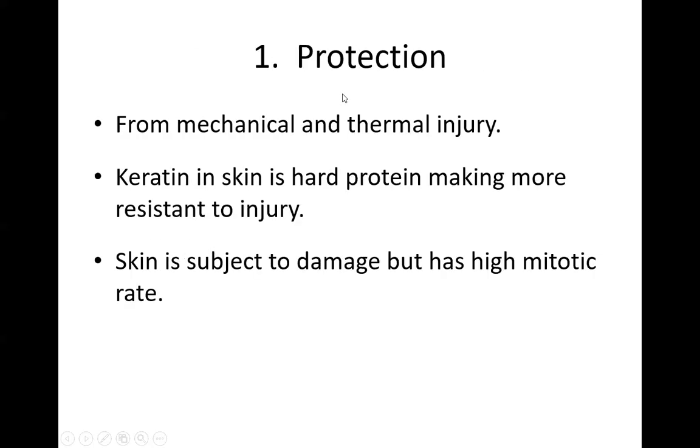So let's begin with protection, from mechanical and thermal injury. Your skin is important to protect you from mechanical and thermal injury. That's why there is tensile strength in the extracellular matrix surrounding your epithelial cells.